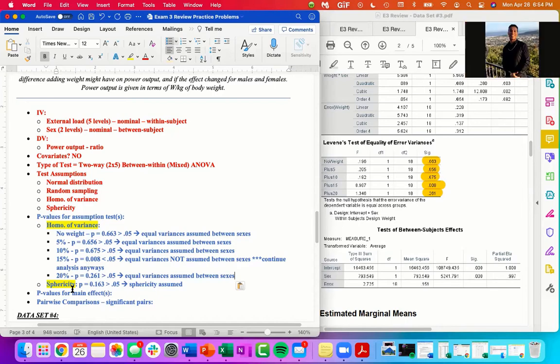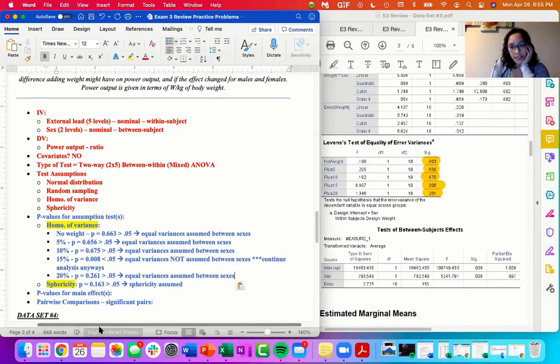Gotcha. But that's when you go back and redo the syntax? Yeah. Typically, you can look at it before you report the assumptions. You could look at the main effects just to cut some steps and ask, do we have a significant interaction? Do I need to change the syntax or not? That way you can just do it right away.